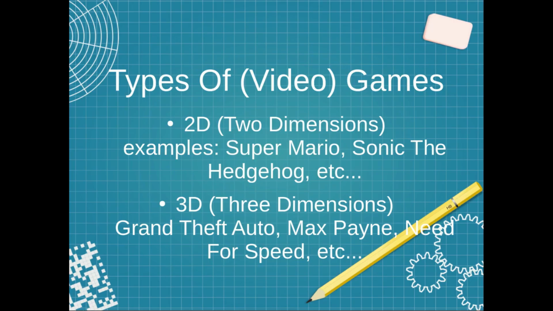So we've got types of games, and here we're going to be talking about video games specifically, because we know we've got various types of games. But in this series we're talking about video games, because that's why we're here. We're here to make video games.